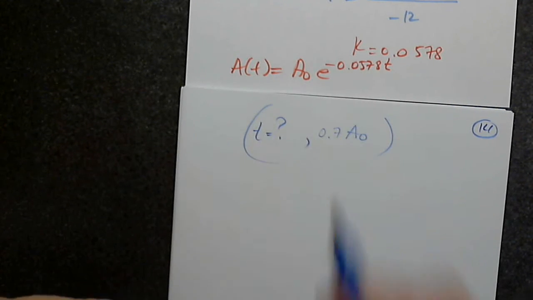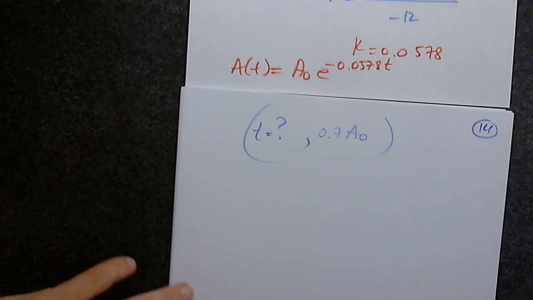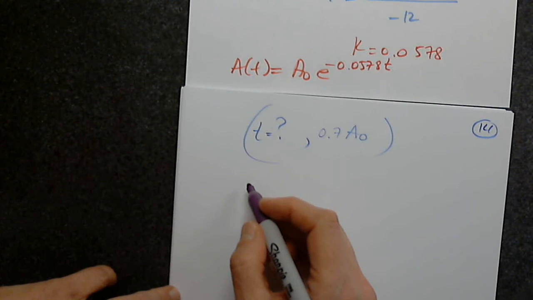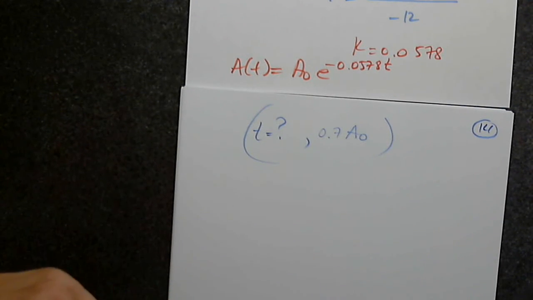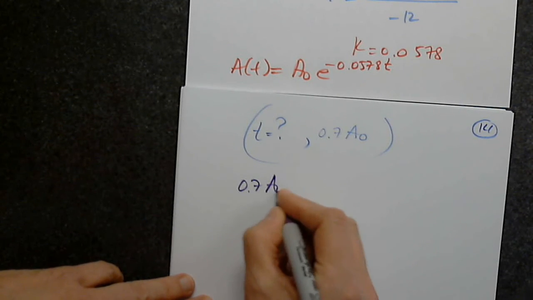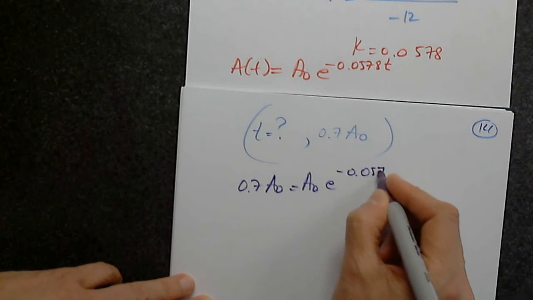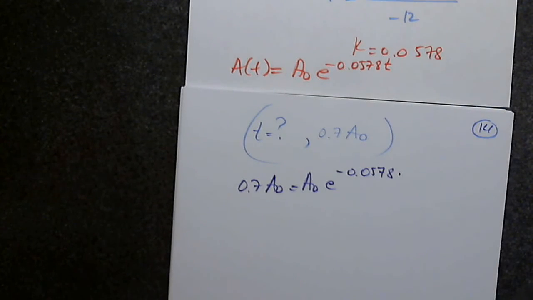And time is unknown. So please put this point in the model. The left-hand side. Very good. Equals A0 e to negative 0.0578 times, I don't know.